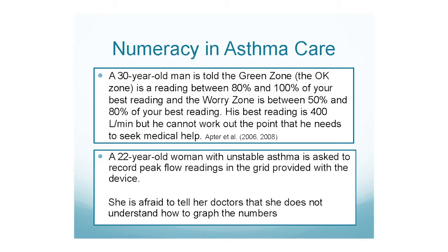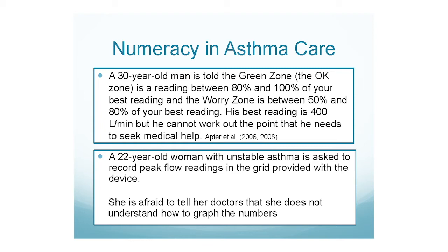So again, this is just a quick example, and I'll let you read that, talking about the two areas for asthma care in which the numeracy provided a problem. So the top one, again, is a lot of the percentages. Do you know what I mean? And even though he went home with something that they feel he should be able to interpret, he's still having a really difficult time.